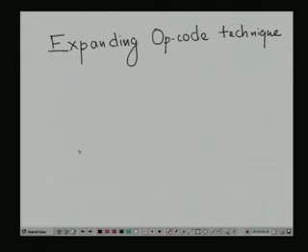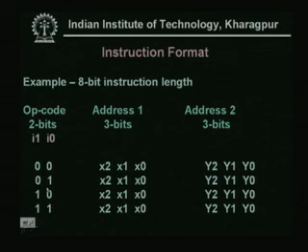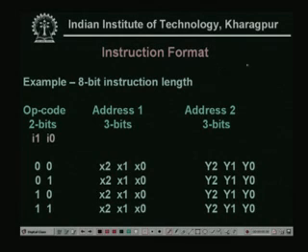Now, we consider an instruction format with 8-bit instruction length, and a 2-bit opcode field. So, the address field is 6 bits, that means the full length of the instruction is 8 bits.